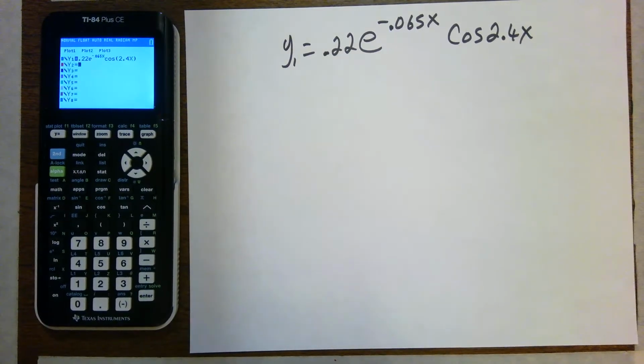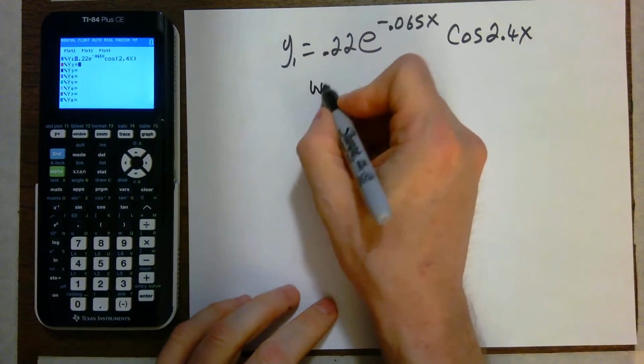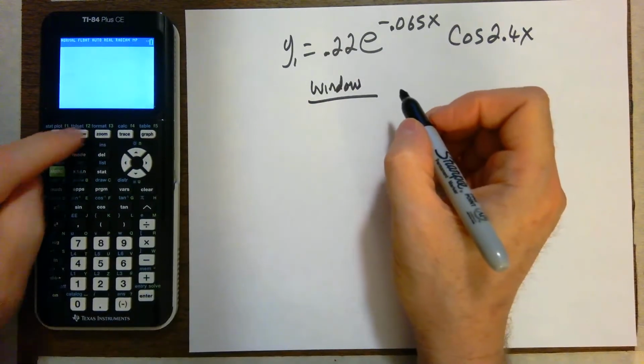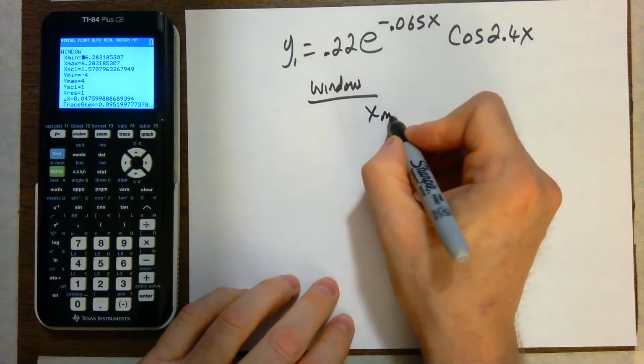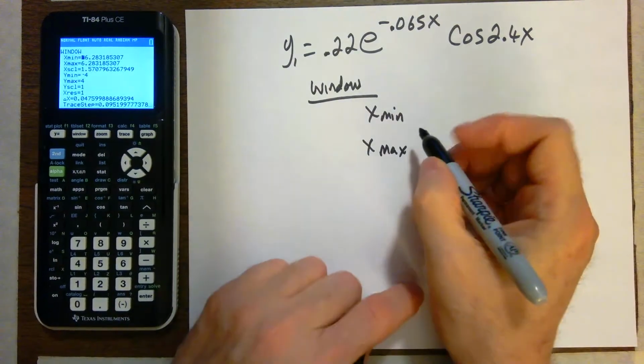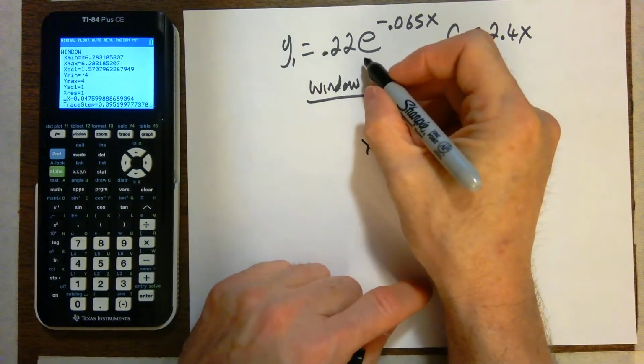And for this one, I want to change the viewing window. Don't hit graph yet. I want to change the window. So for my window, I want to use the following window. Go to my window. My x minimum and my x maximum. Let's see, we're doing 0.22 here.